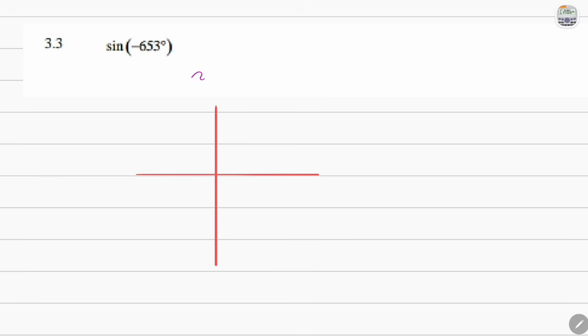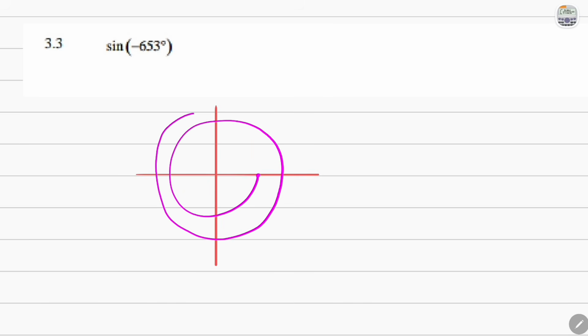Angles are normally measured anti-clockwise: 90 degrees, 180 degrees, 270. So negative 653 probably went around almost twice, and to understand the value of the angle, you're just going to add 360 degrees.